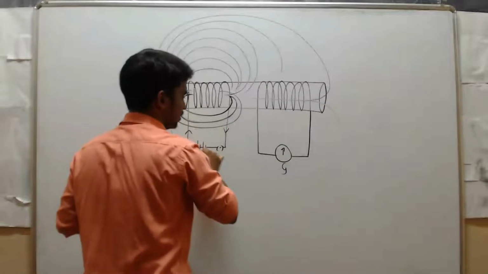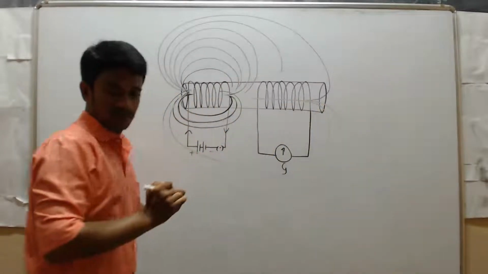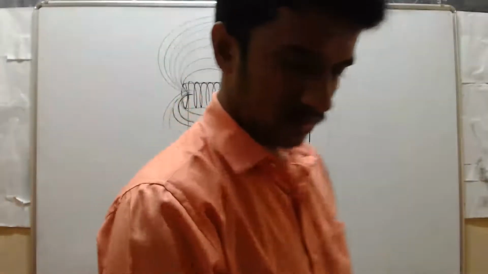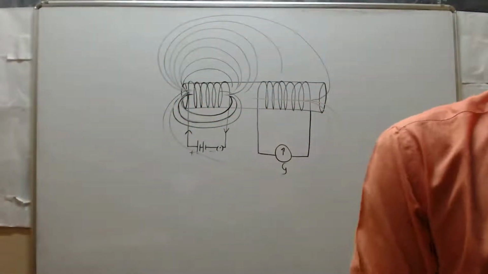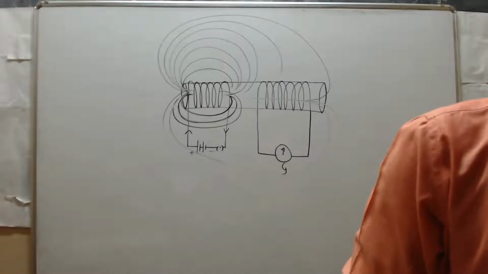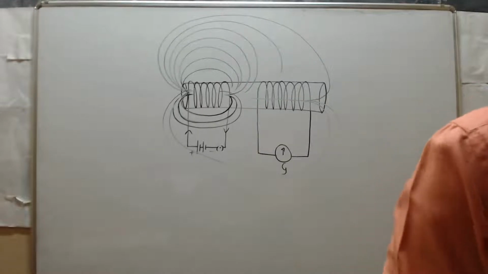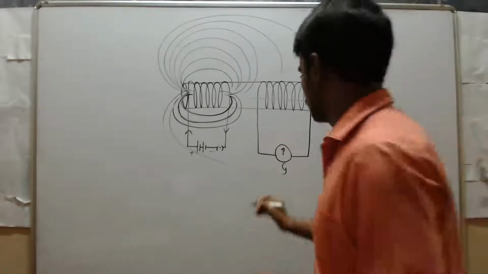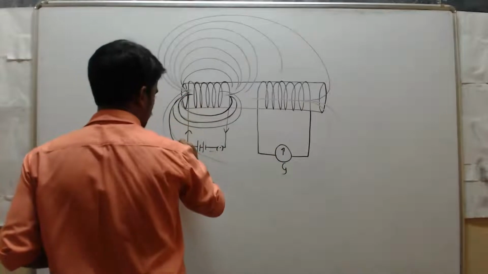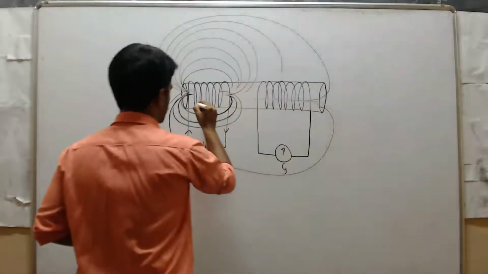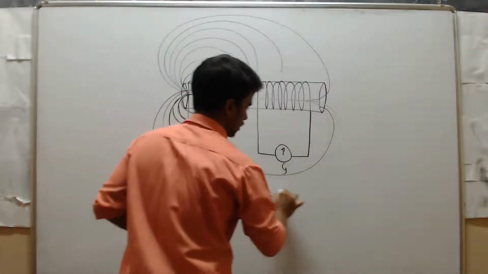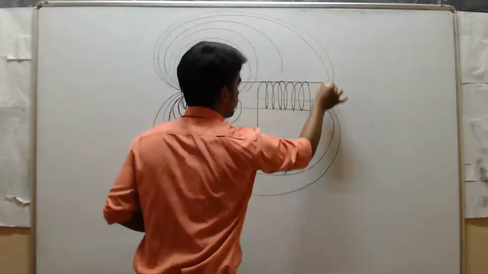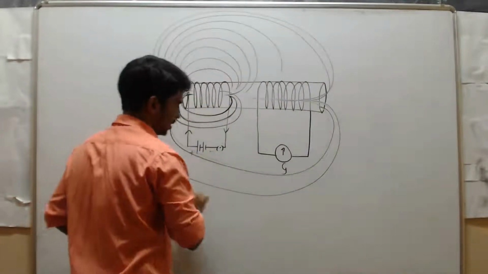Here, these magnetic field lines enter into this coil.